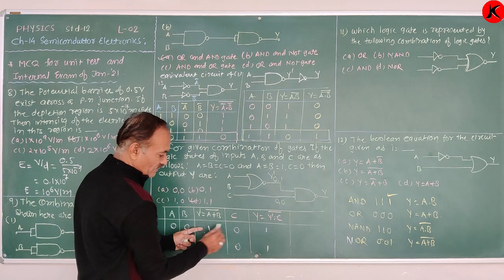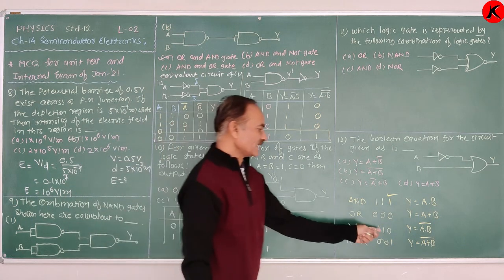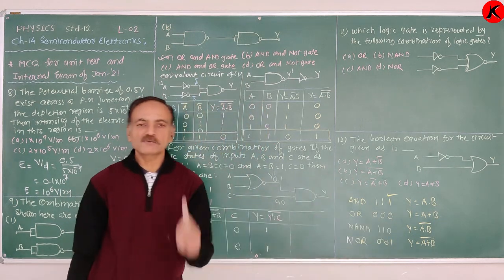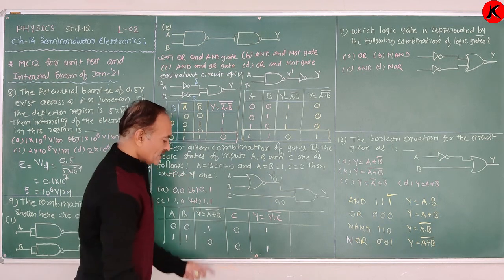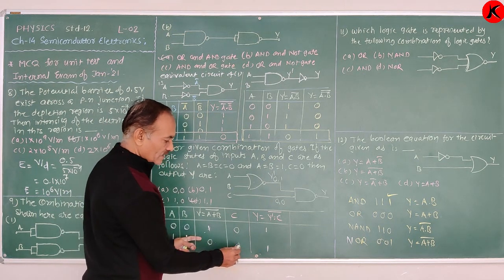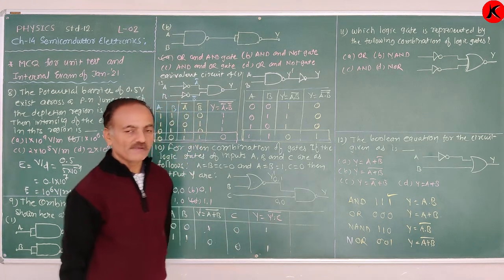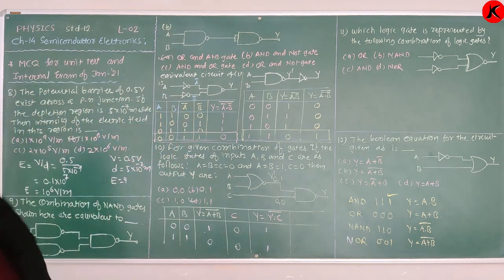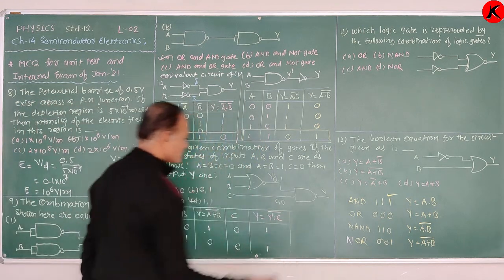So this combination 1, 0, 0, 0 are given to the NAND gate. NAND gate has the characteristic: if both inputs are 1 at the time 0, otherwise 1. But here both inputs are not 1. Therefore in both cases the output is always 1. That is the output of our given combination of the gate.